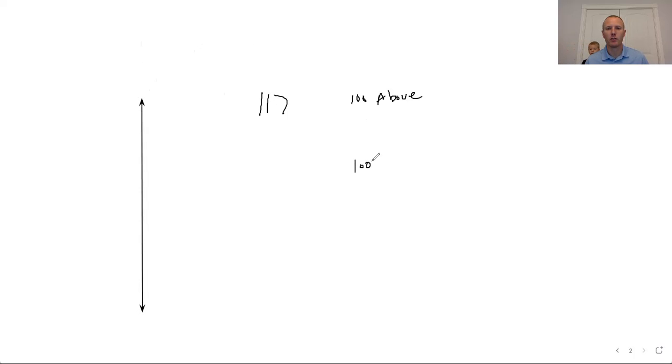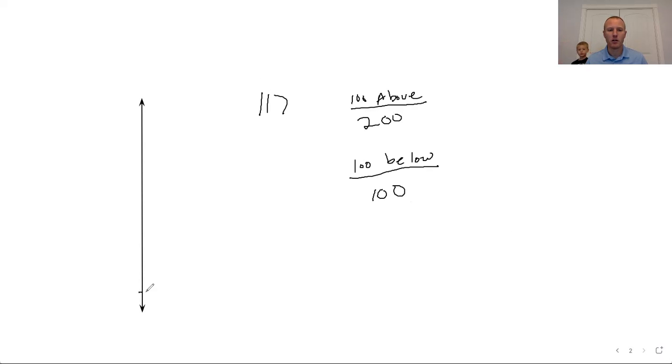If I count up by 100, the next 100 I get to would be 200. And if I counted backwards from 117 by tens, the next 100 that I got to would be 100 if I was counting down.